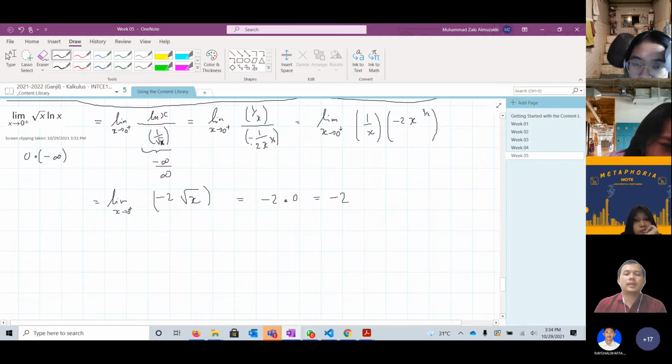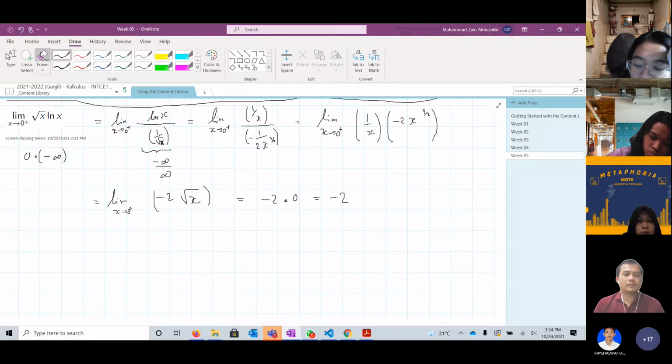Atasnya jadi 1 per x, bawahnya jadi min 1 per 2 x pangkat 3 per 2. Kemudian kita tulis ulang ya. Jadi kita punya 1 per x kali min 2 kali x pangkat 3 per 2. Sehingga di sini kita punya limitnya menjadi limit dari min 2 akar x sehingga kita punya min 2 kali 0. Bukan min 2 ya, tapi 0, sorry. My mistake.